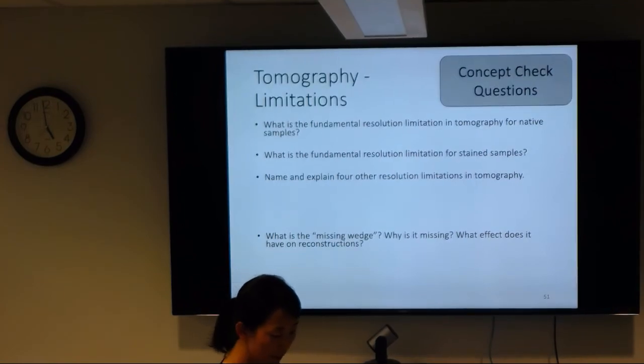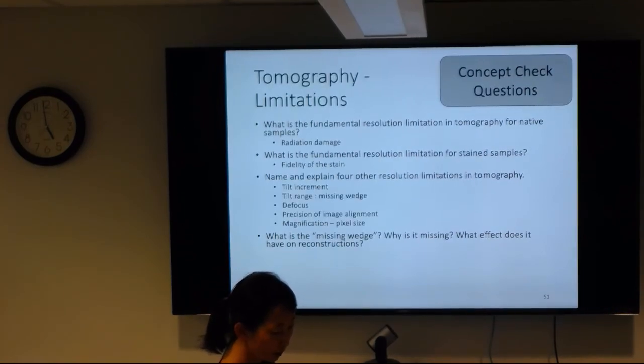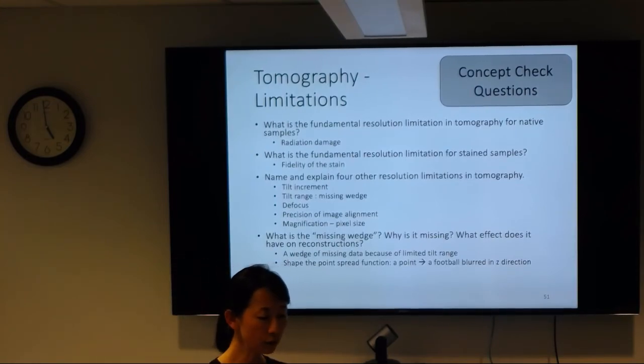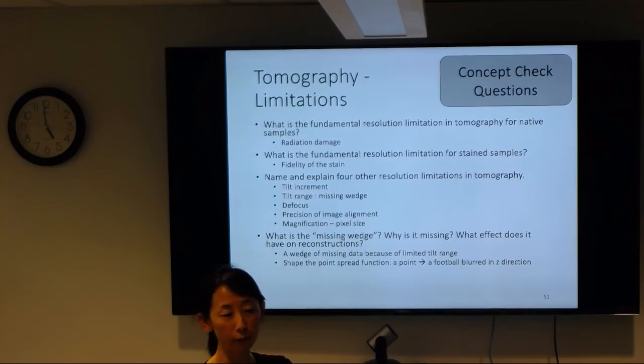Okay, the limitations: we covered the missing wedge already. Another resolution limiting factor in tomography we also covered. Every sample can only tolerate a certain number of electrons. You have to know that number, and make sure you don't damage your sample before you look at it.